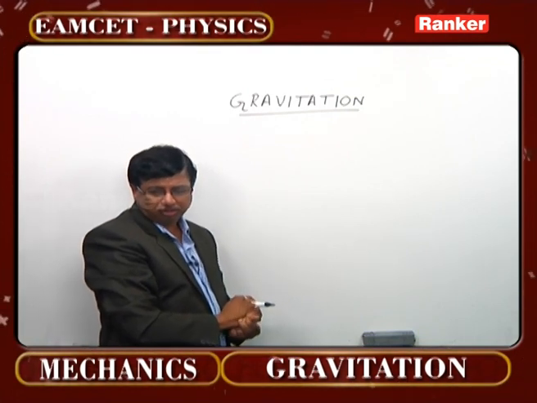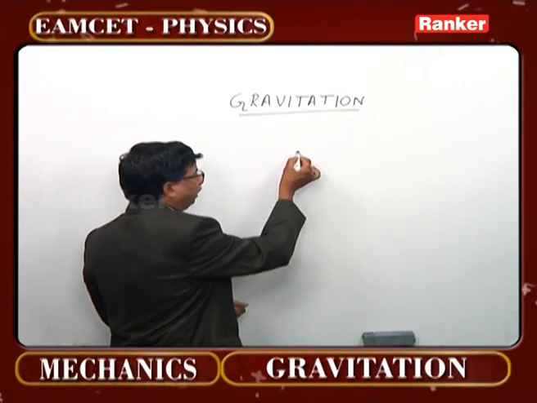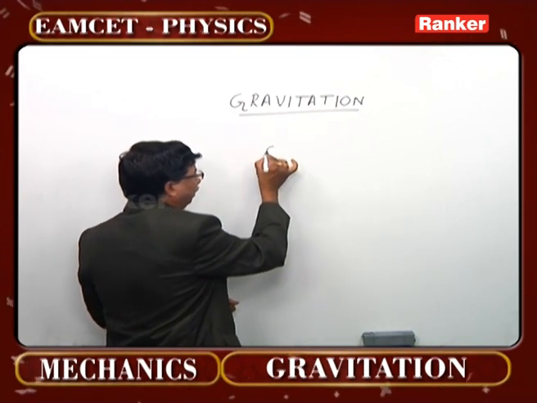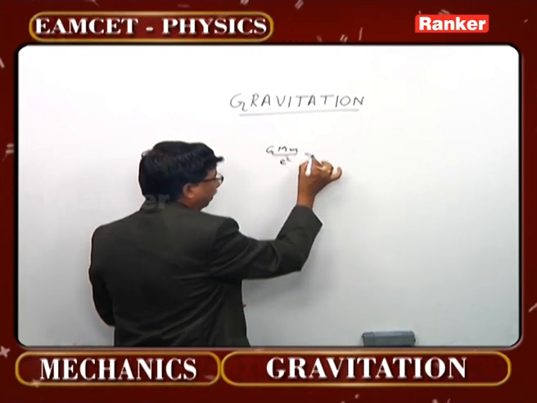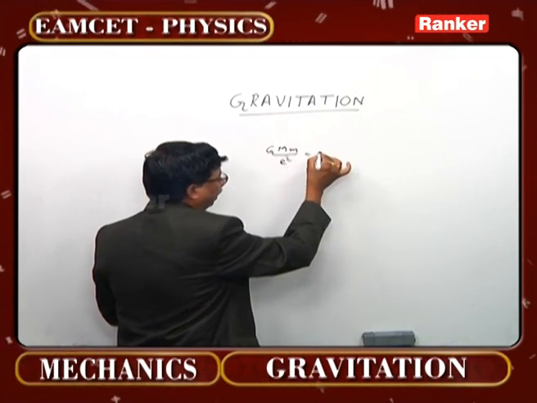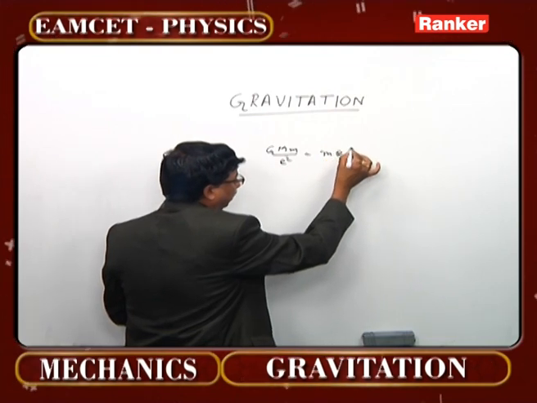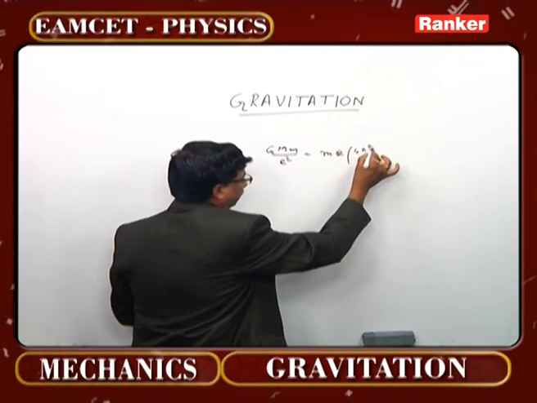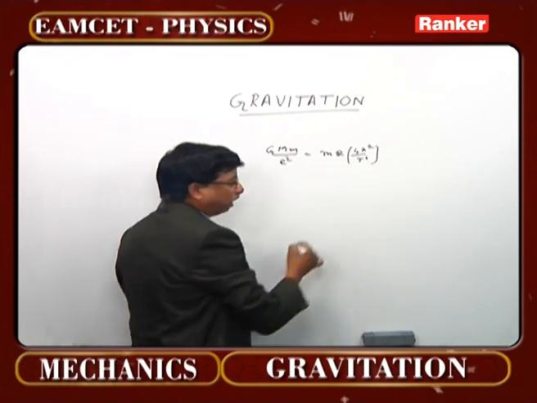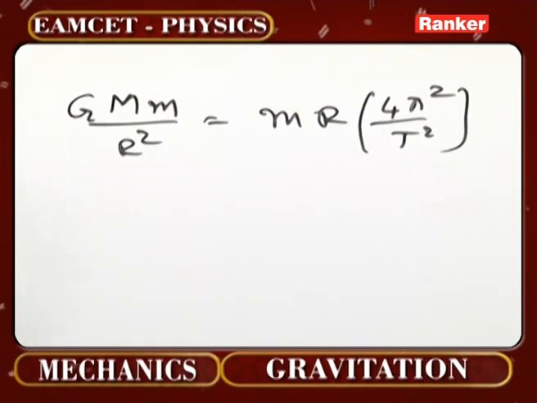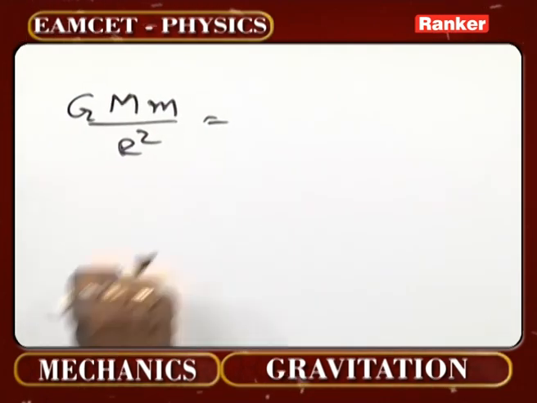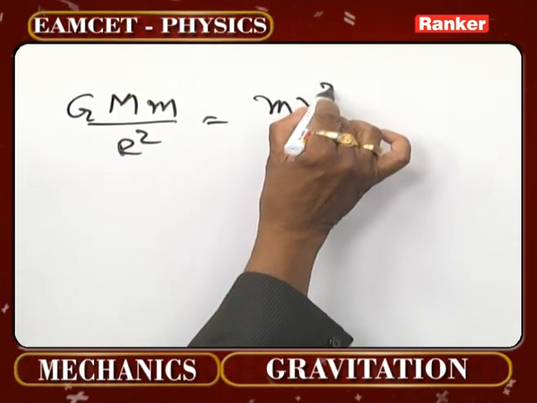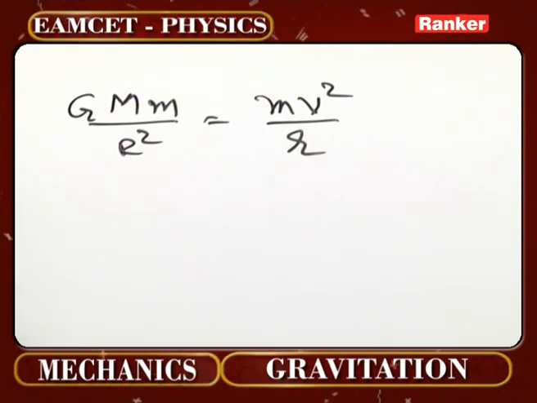So when you talk about a planet which is just revolving, the general equation is what? GMm by r square must now be equal to the value of m r omega square, that is 4 pi square by T square. In other words, you can write the same m r omega square like this also, that is m v square by r. Now what is the concept here?